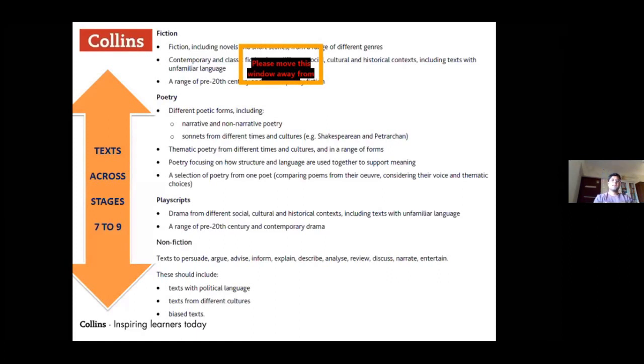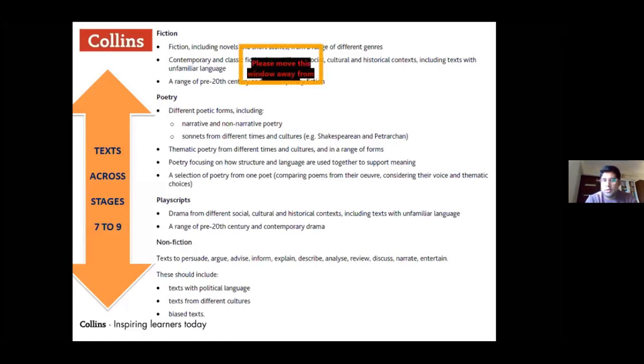Great. So now this particular slide is very important because it will let us know what kind of texts the CIE wants us to explore and teach our learners right from stages 7 to stage 9. As we mentioned earlier, there's a lot of emphasis on literature.